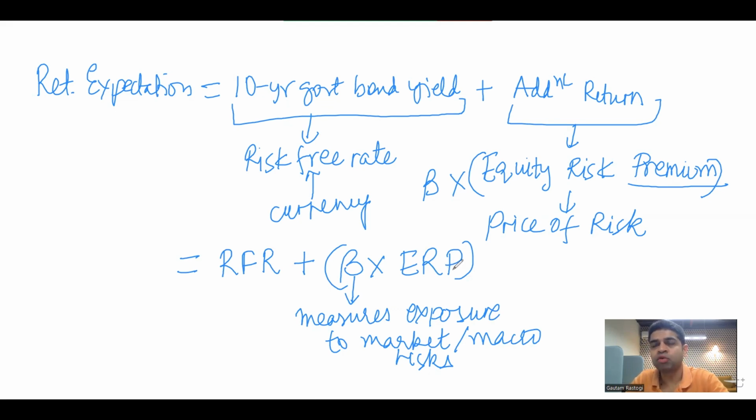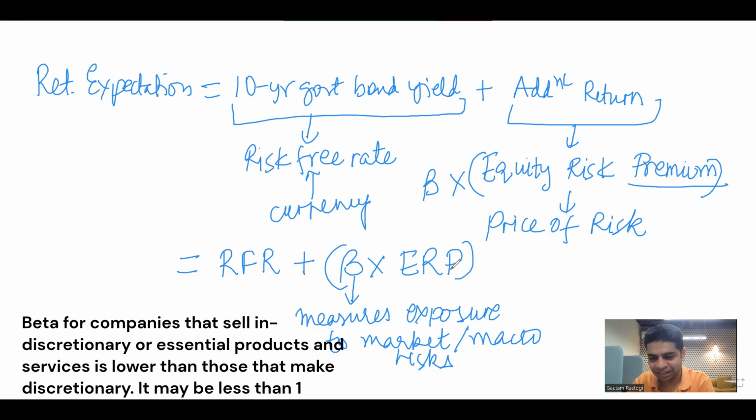But say your company is a grocery retailer. You would buy groceries regardless of the macroeconomic environment. And say alcohol companies: people are going to buy alcohol regardless of the macroeconomic environment, perhaps they would even buy more in a recessionary environment. So they are considered less risky.